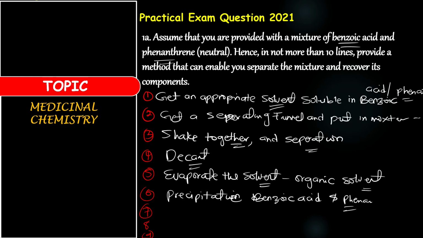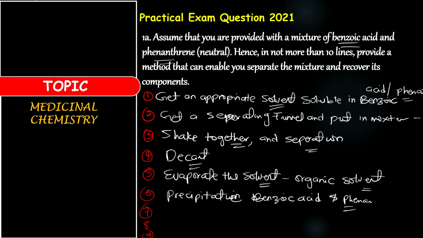Then after precipitation, you can now use the suction pump to remove the solvent, which you are going to write as number 7: use the suction pump to remove the solvent and then dry at appropriate temperature to avoid the loss of thermolabile constituents. Alright, that is how you can actually separate them.